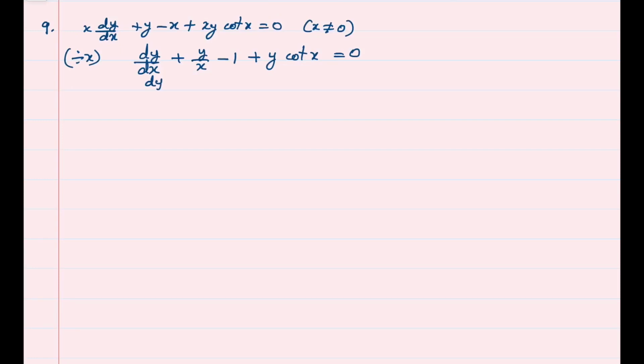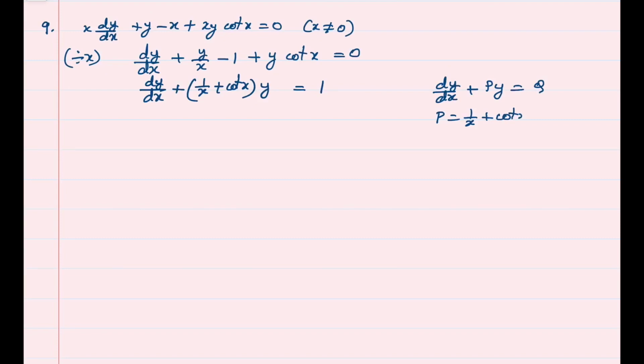Dy by dx plus y is common. We get 1 by x from the second term, and from the last term we get cot x equal to, taking this minus 1 to the other side. Now this has been written in the linear form. Dy by dx plus py equal to q, where p is 1 by x plus cot x and q is 1. P and q are either constants or functions of x.